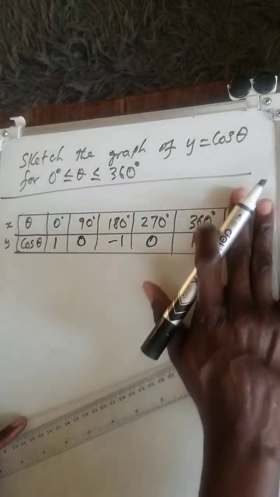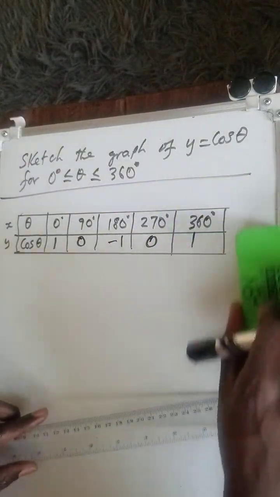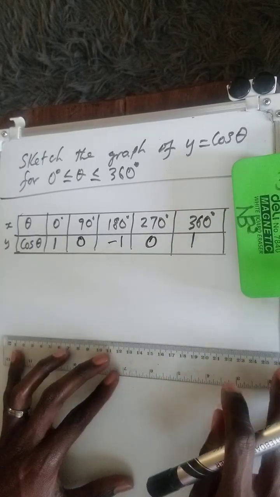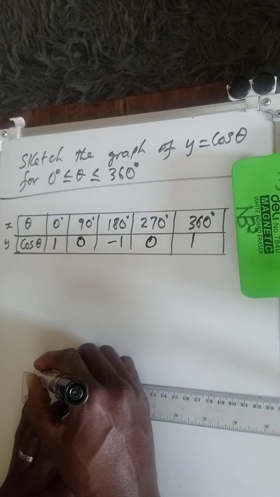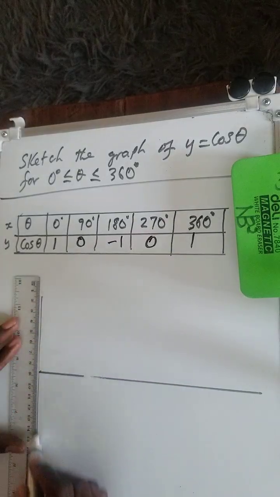So now using the values that we have there, you can simply plot a graph, which is just a sketch. It's not something that is going to be as accurate as you may assume it to be.